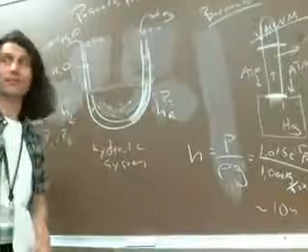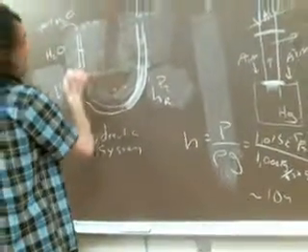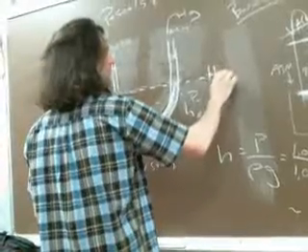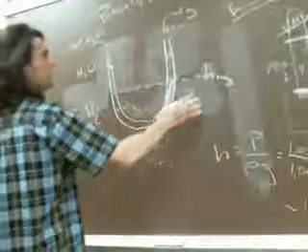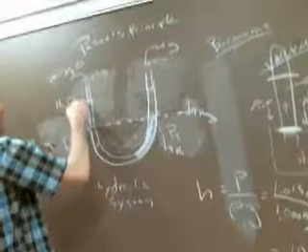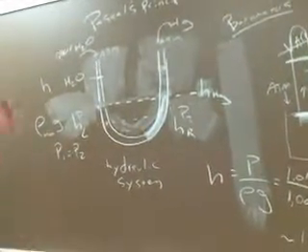So now we have a difference in height, don't we? A delta H. So this is the height of the Hg, or h Hg, I should say. That is the height of the H2O. Cool?